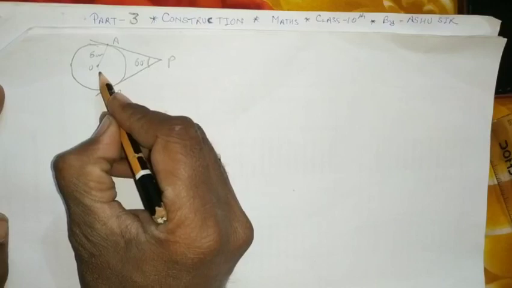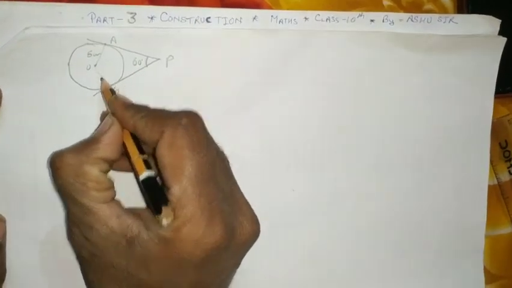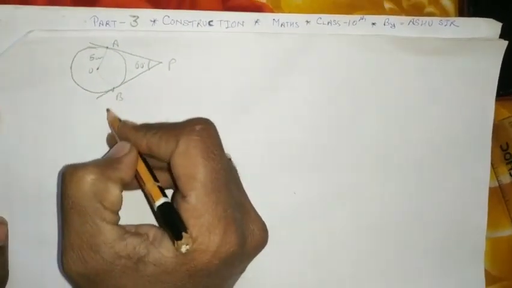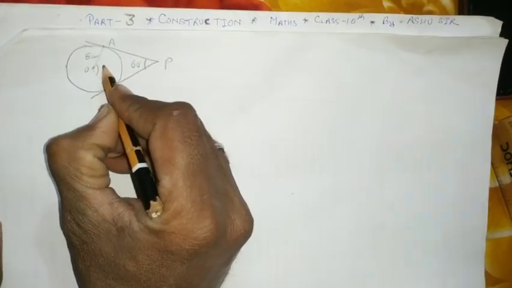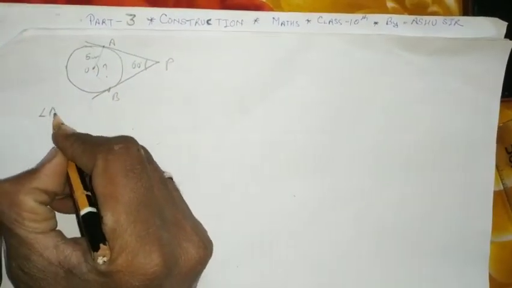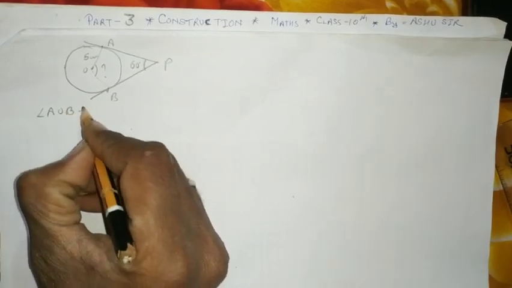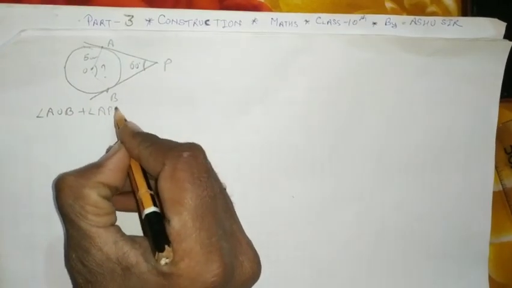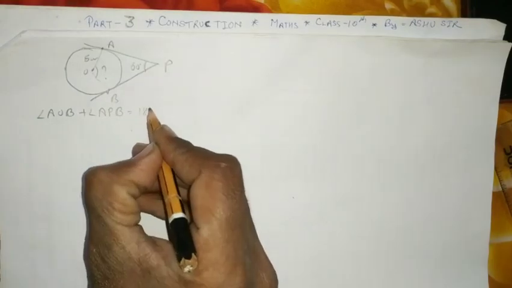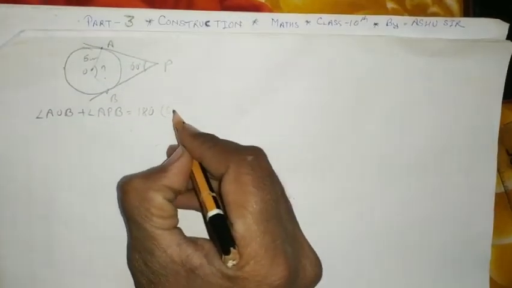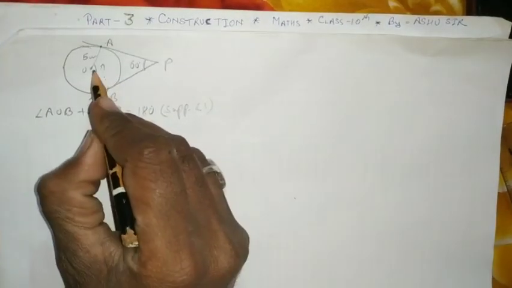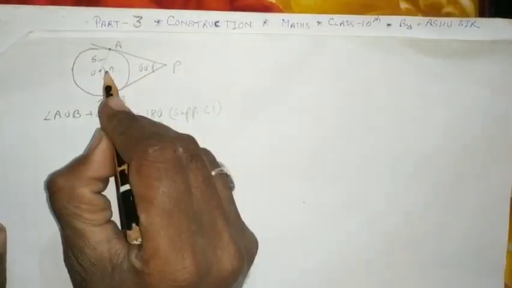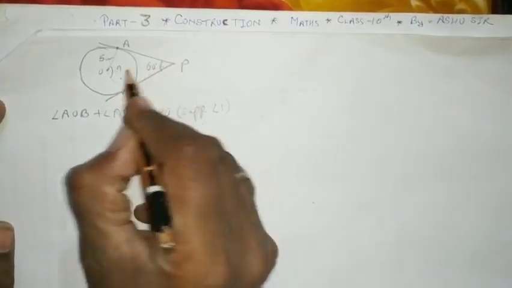If we join OA and OB, for this step, firstly we find the value of this angle. Angle AOB plus angle APB is equal to 180 degrees, they are supplementary angles. The sum of these two angles is 180 degrees.